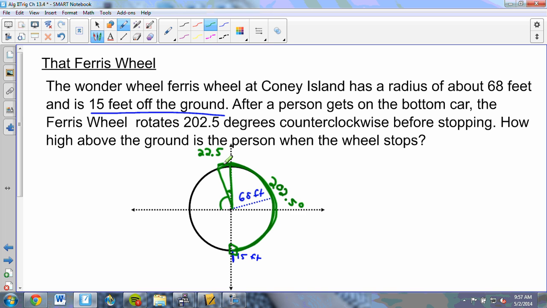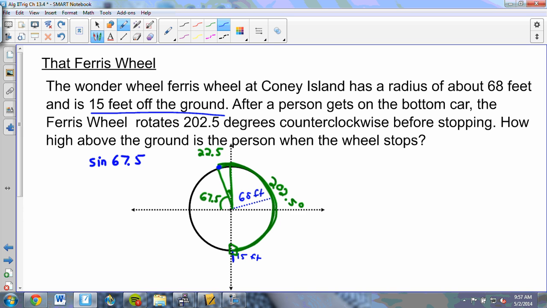Okay, so this is 22.5 in here. Then what's this angle here? 90 minus 22.5. And what is 90 minus 22.5? 67.5. So that angle is 67.5, and that's basically our reference angle. If I want to find the height of this spot right here, I want the sine of 67.5.